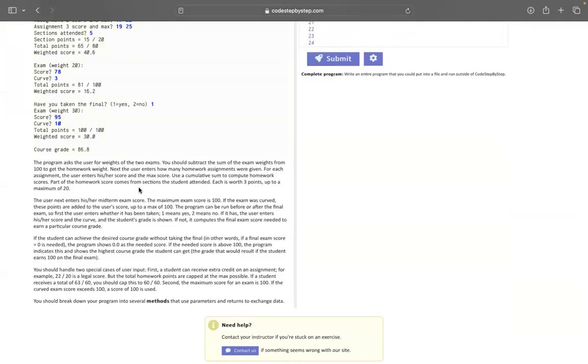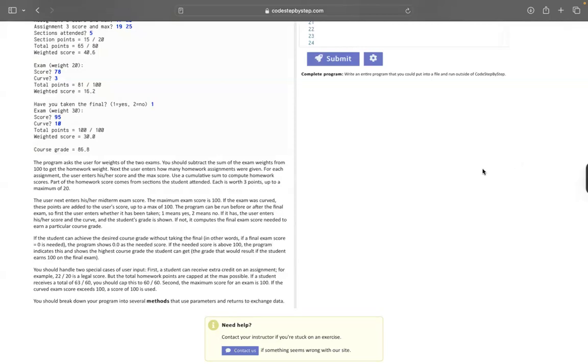Course grade 86.8. The program asked the user for weights of the two exams. Now, how many homework assignments were given? Okay, for each assignment, the user enters.